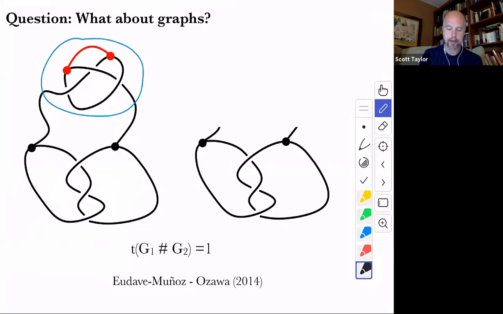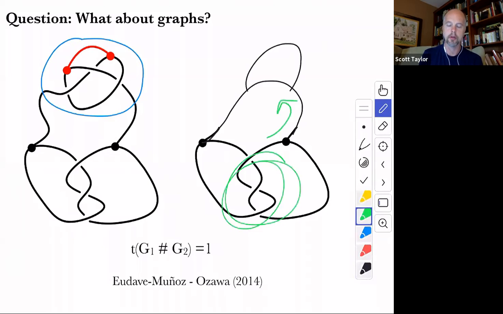And if I go ahead and add in that red arc that you see, you can do the edge slides and isotopies we drew before to end up with this picture. And then you can do edge slides and isotopies to undo the knot down there. And so what we have here is a non-trivial connected sum that has tunnel number 1.